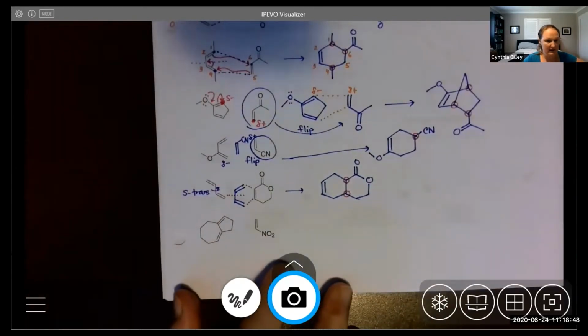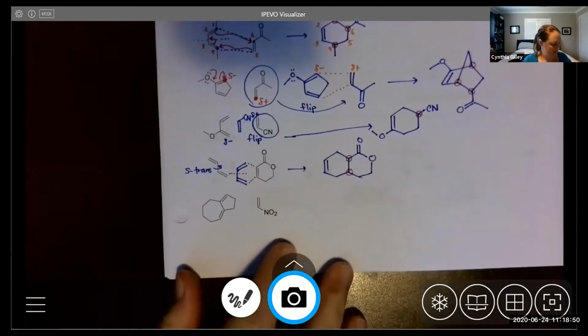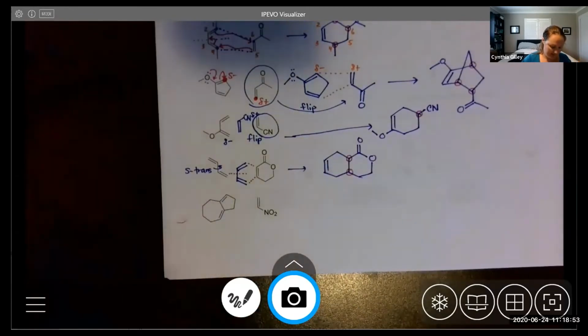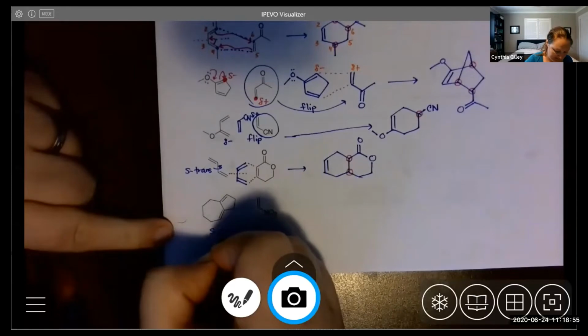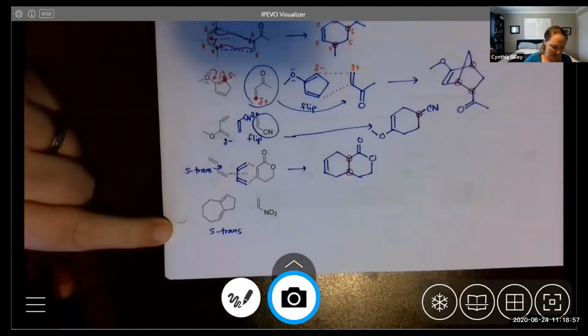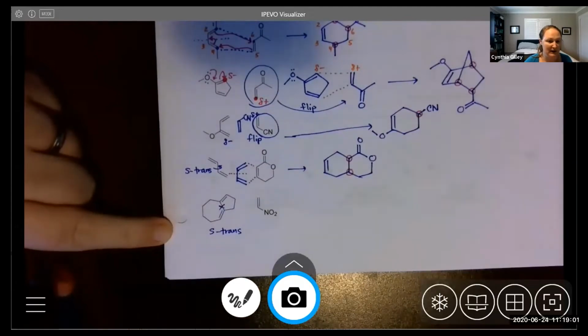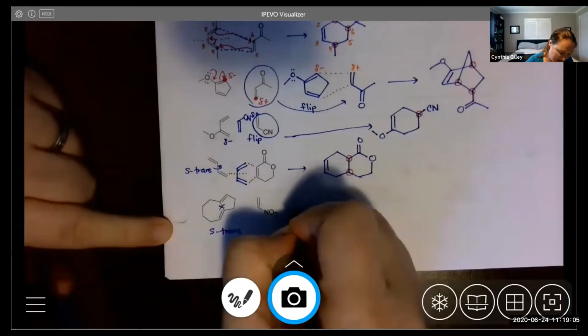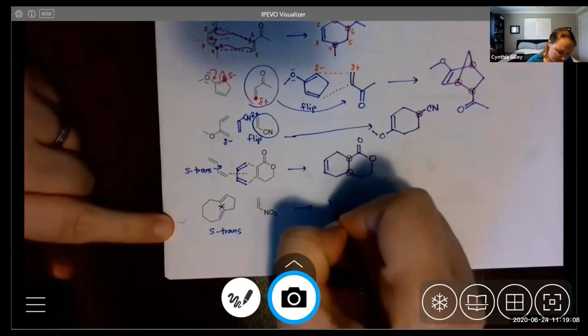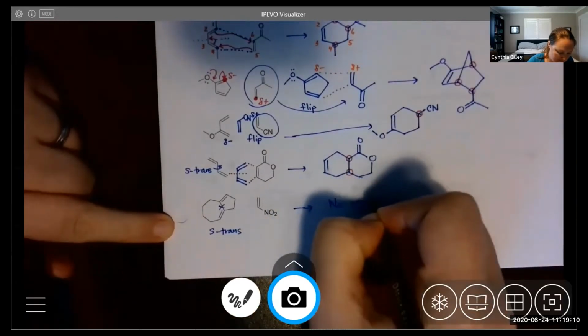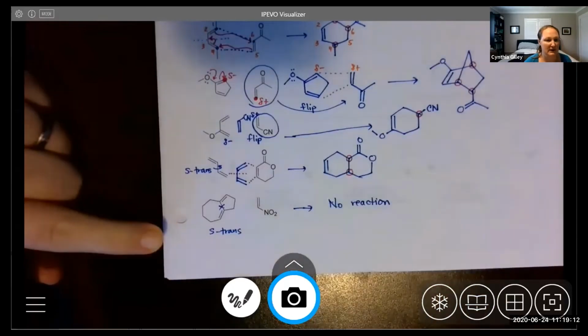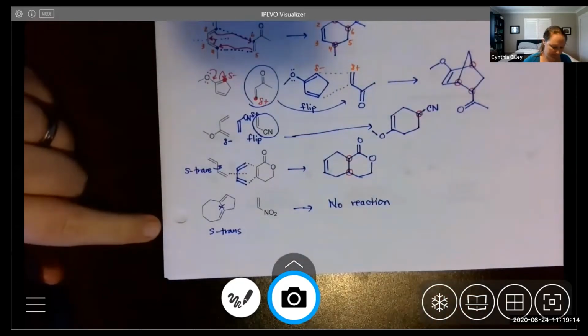Last one here, we notice that the diene is in an S trans, but unfortunately, we're not able to rotate the single bond because of the ring. There's no way to do that. So when that happens, we just have no reaction, because it's required to be in the S cis conformation to react.